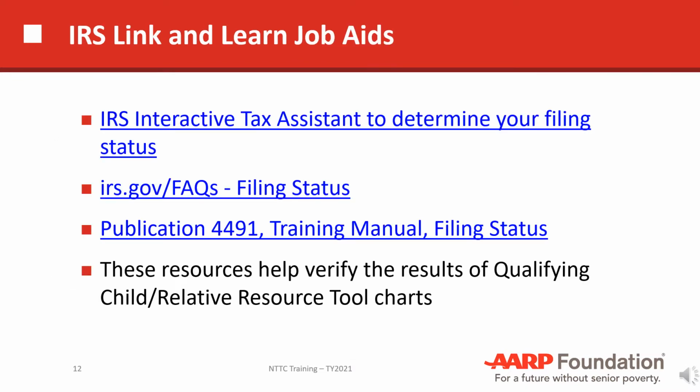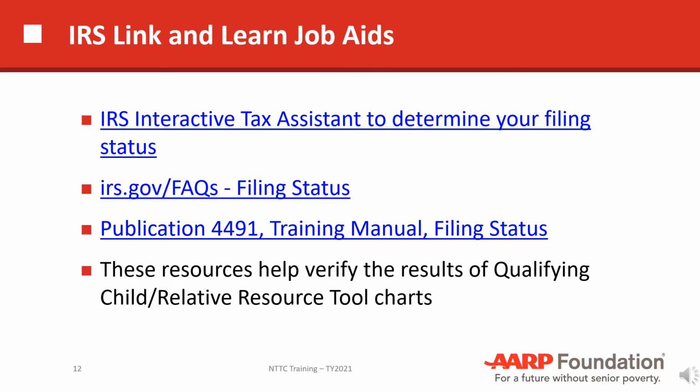In some cases, you may not feel comfortable that the resource tool that we've provided to you necessarily gave you the correct answer. You might want to verify by using some other sources. Here are some IRS sources. The first one is the IRS Interactive Tax Assistant. You can go to irs.gov and use the ITA, Interactive Tax Assistant, to determine filing status.